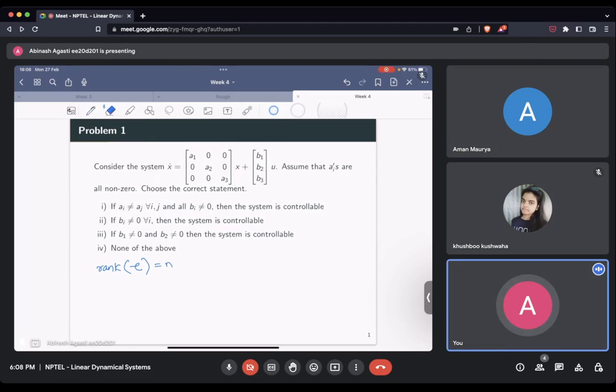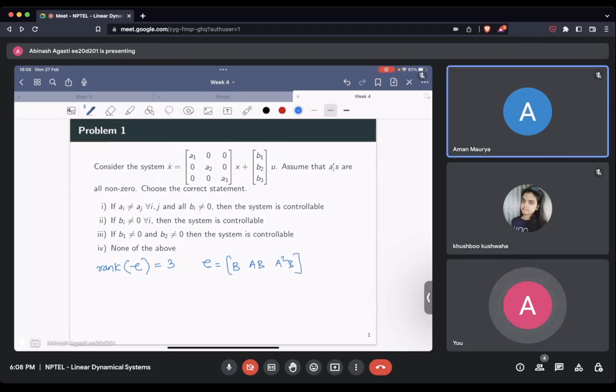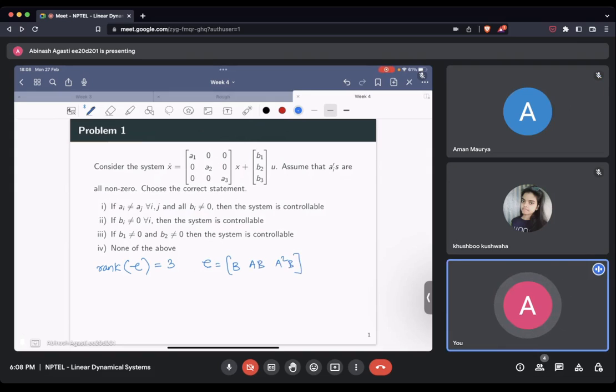So here in this case, we want the rank of the controllability matrix to be 3. So let us first start out by finding the controllability matrix. We know that the controllability matrix is B, AB, A square B for a 3 cross 3 system, third order system. So let's find this out. Let's take 3-4 minutes to find this out. Then we'll resume our discussion.